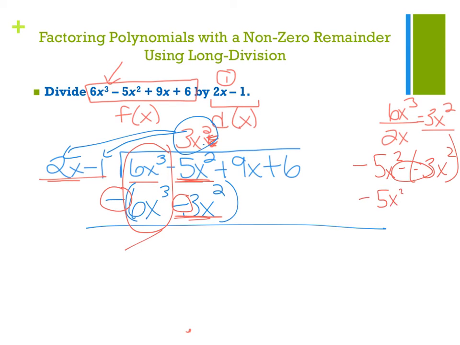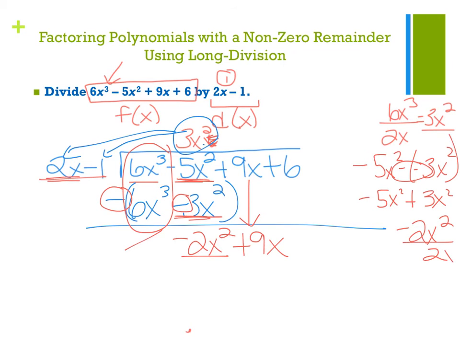Negative 5x squared plus 3x squared gives me negative 2x squared. Now I'm going to carry down my next term, which is a positive 9x. And when I divide 2x into negative 2x squared, negative 2x squared divided by 2x is going to give me negative x. Negative 2 divided by 2 is negative 1. x squared divided by x is just x.